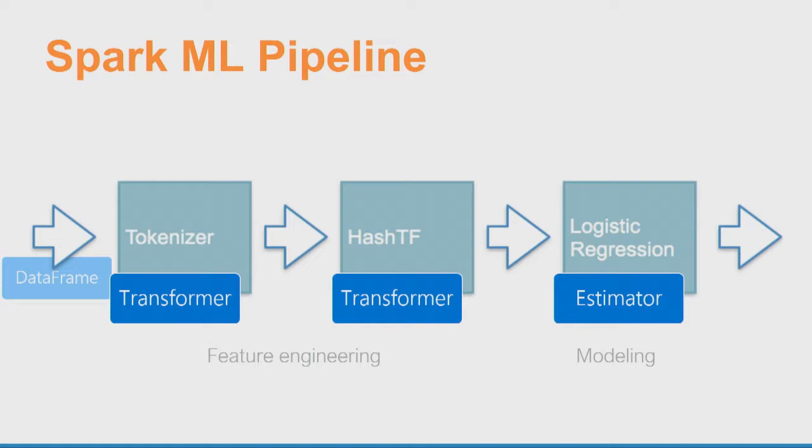Here's an example where you take the input data frame, the data set that you have, apply a sequence of transformations like tokenizing the text and then hashing the text itself, and then passing it through logistic regression to get a model back at the end.